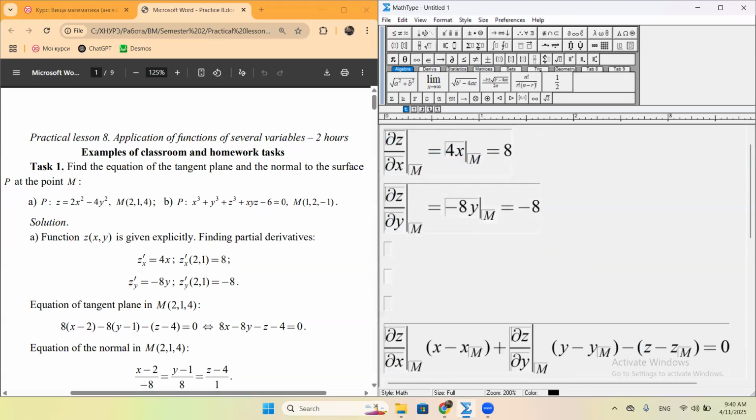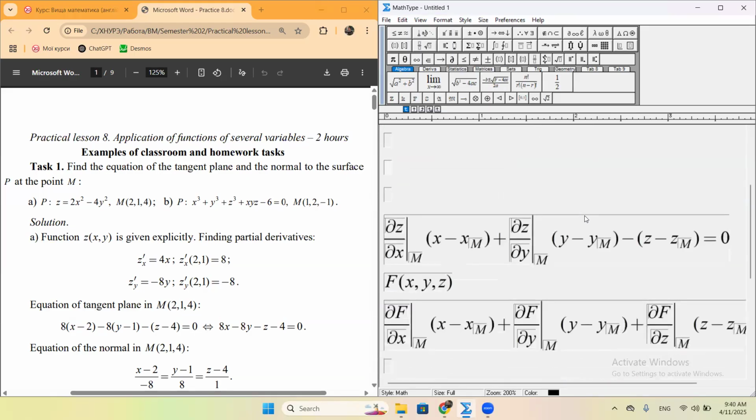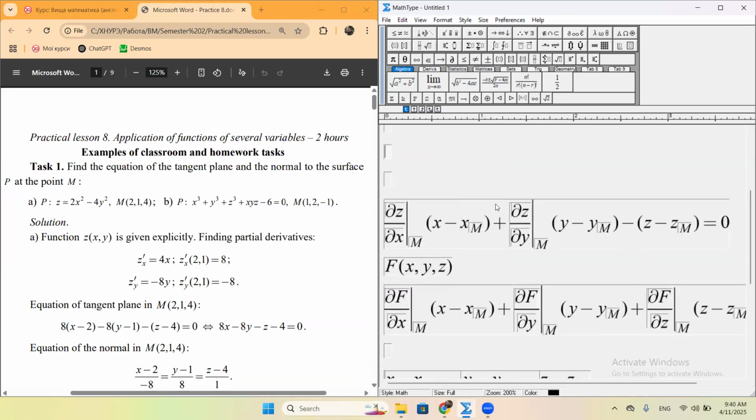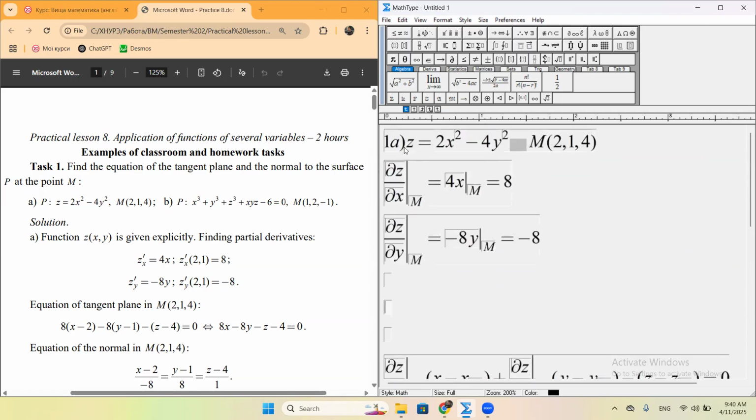So let's write down the equation of the tangent plane. By the way, which of them will we use, for explicit or for implicit? Okay, let me help you. Actually, the function is given explicitly, so z depends on x and y.